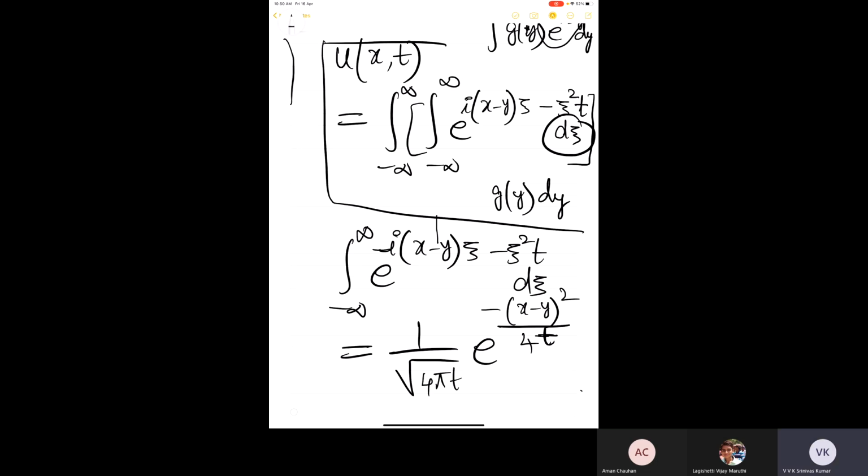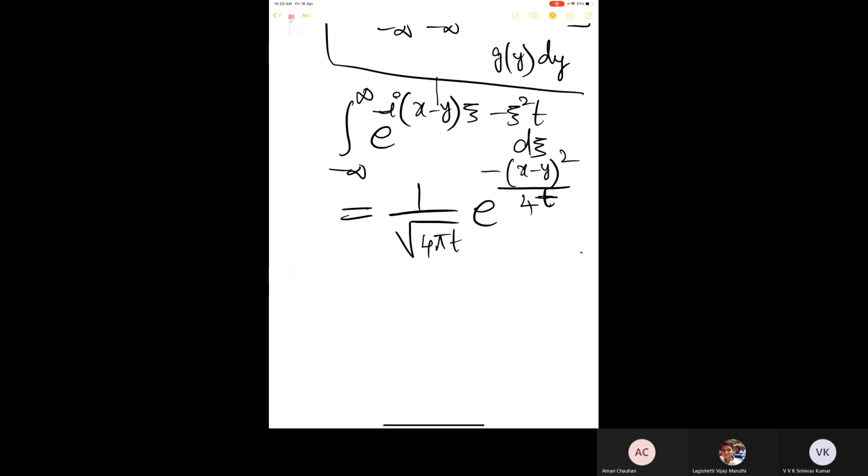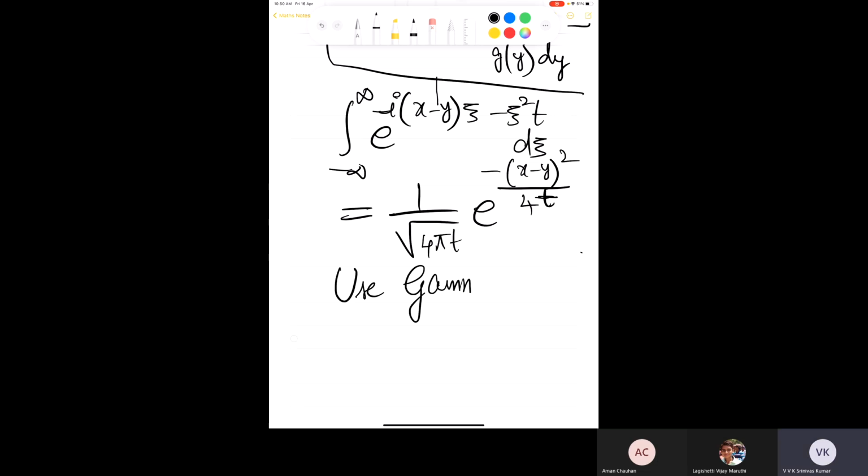For this we have to use the gamma function, not the Gauss function.